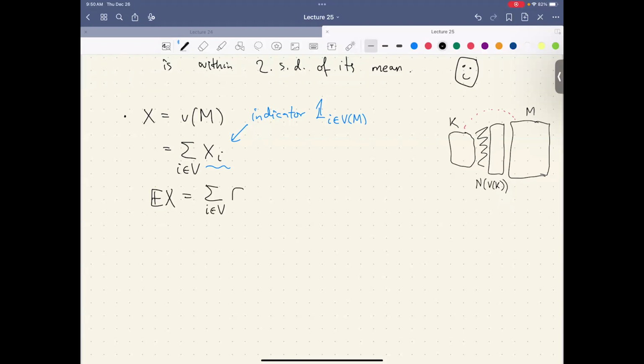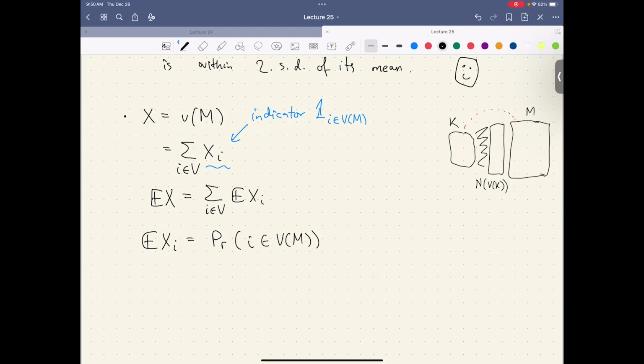We just need to compute each one of these indicator random variables and sum them up. Now, what is the expectation of xi? For an indicator random variable, this is the probability that i lies in this random set.